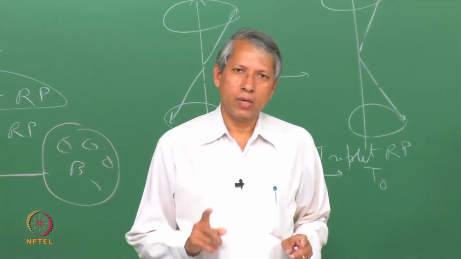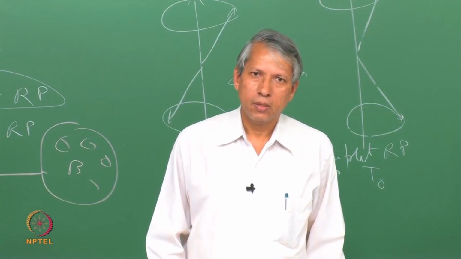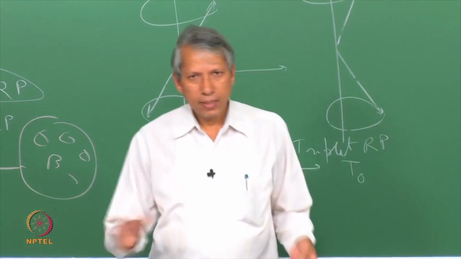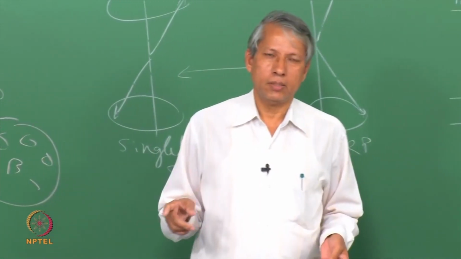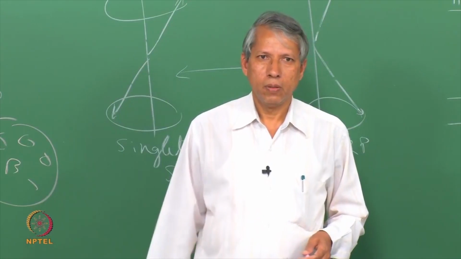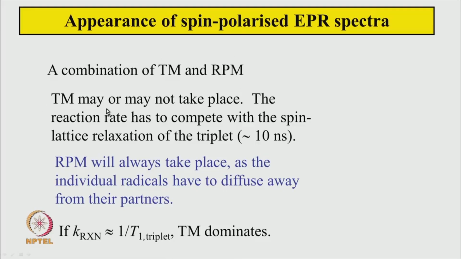We have considered two mechanisms: the radical pair mechanism we have just discussed, and the triplet mechanism discussed earlier. In reality it is not exclusively one or the other; usually a combination of both operates. But the triplet mechanism may or may not take place, because the reaction has to compete with the spin-lattice relaxation of the triplet, which is very fast.